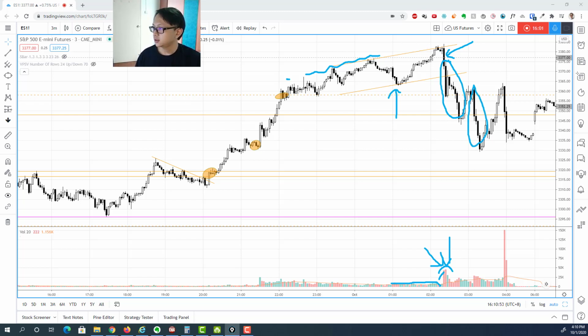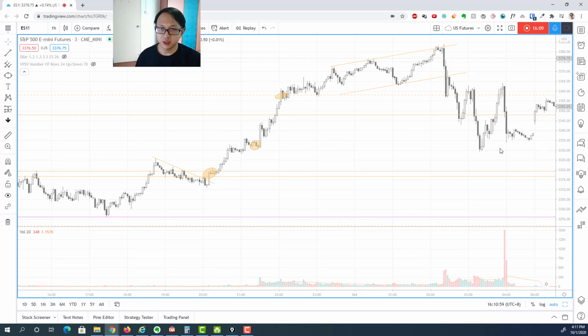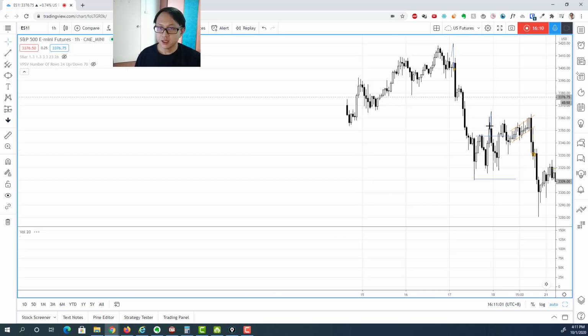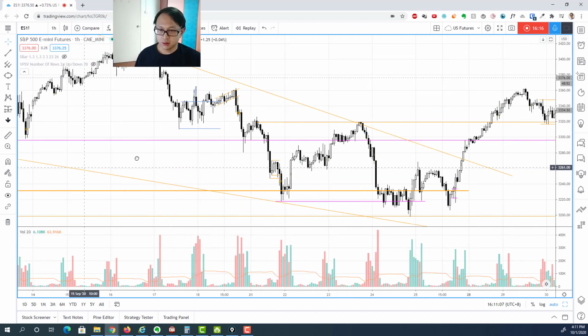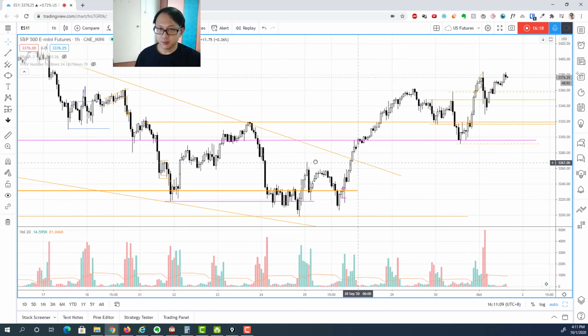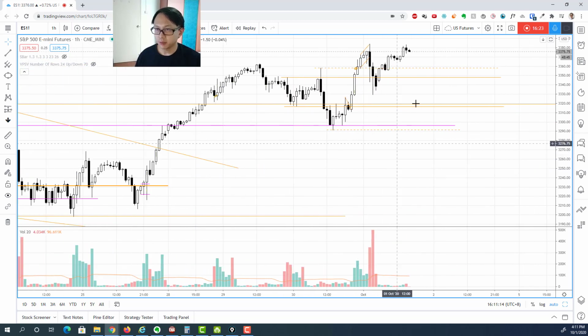All right, so that's the trade review. Let me get down to the hourly time frame and let's talk about the current market condition. Okay, so this is the hourly time frame, and so far I haven't seen anything very unusual, apart from the price just entering into the resistance level at around 33.80, and this is also where the supply zone is.